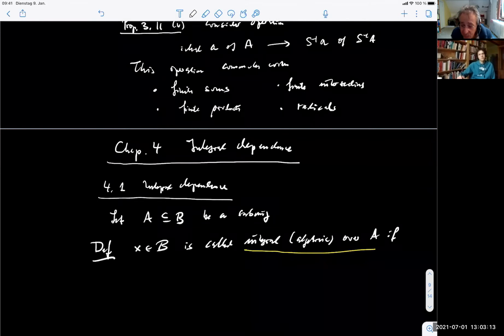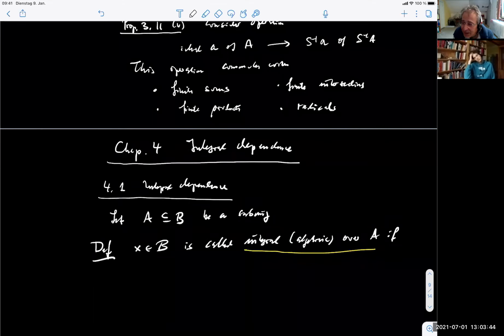Algebraic would mean, for fields, that there is a polynomial with coefficients in A which has x as a zero. Now I would write the same. So where is the subtle difference? Over fields, you may always assume that your polynomial is monic, in German normiert, so the leading coefficient is 1. If it's not monic, you just scale it and it will be monic.